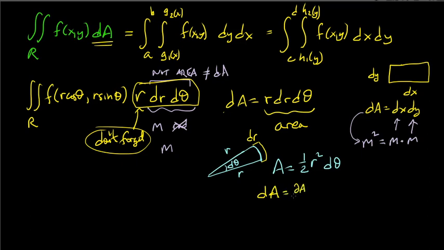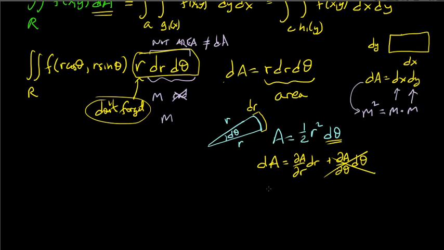It's the partial of A with respect to r times dr. And we already took the d theta, so we're not going to change theta again, although you can, if you want to increase theta a little bit as well. We're just interested in the change of r. So the partial derivative of 1/2 r squared with respect to r is just 2 times 1/2 times r. It's just r dr times d theta.